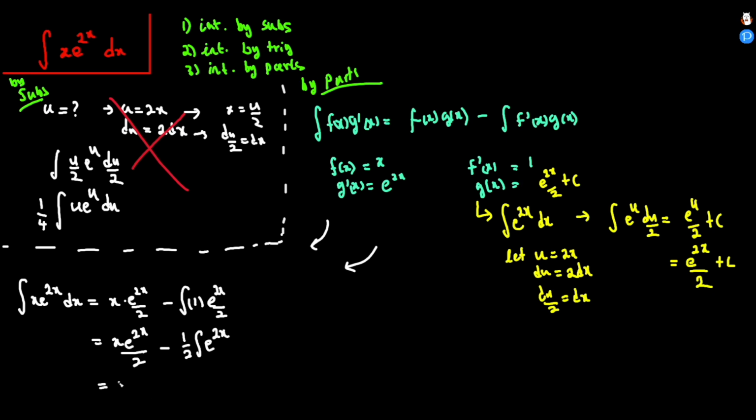So that's x e to the 2x over 2 minus 1/2 times e to the 2x over 2 plus c, which is x e to the 2x over 2 minus e to the 2x over 4 plus c. And that is our answer.